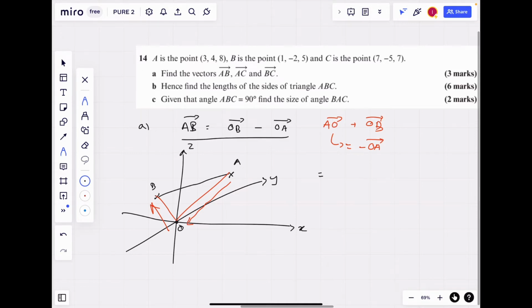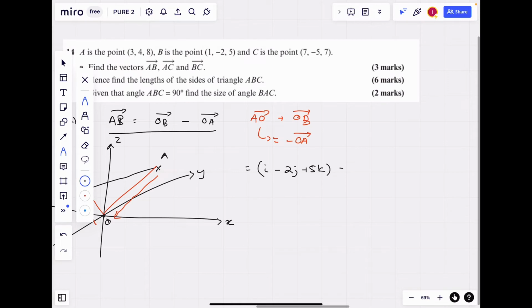So to go from O to B, my position vector, i minus 2j plus 5k. Sorry, that was O to B, and then O to A is going to be 3i plus 4j plus 8k.